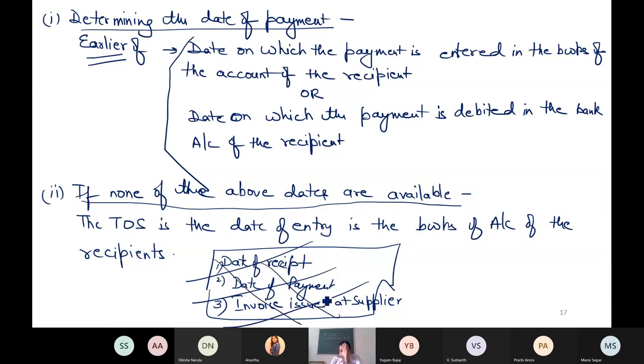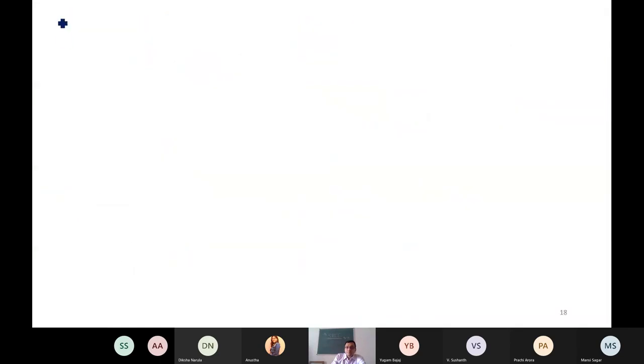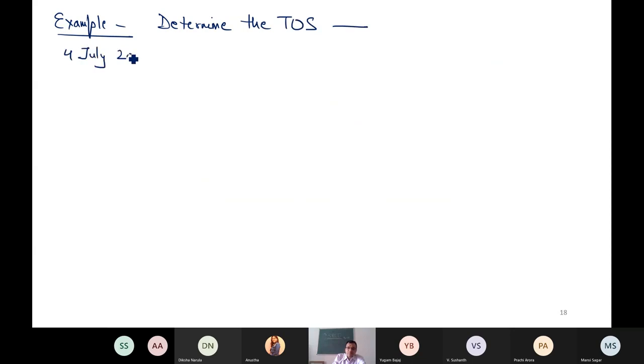Now see one example. Determine the time of supply in the following situation. So there are 4 dates available. 4 July 20, on which A Limited, the recipient, receives goods on which reverse charge mechanism is applicable.